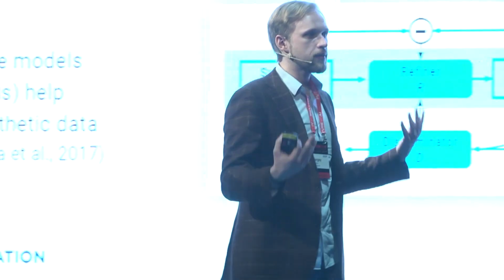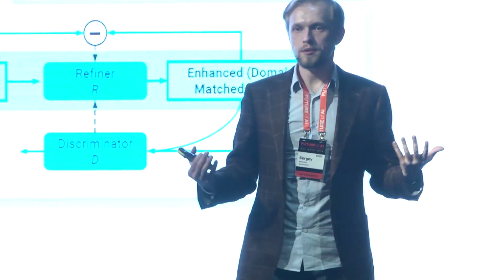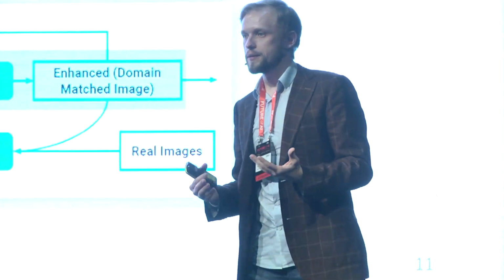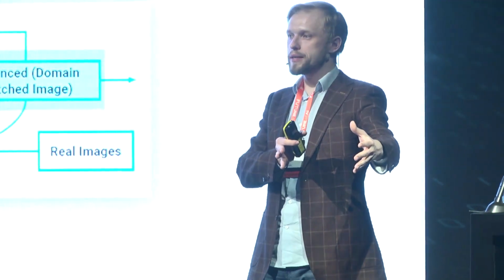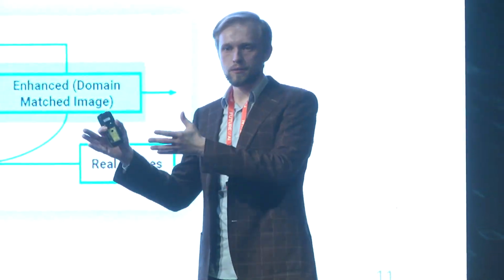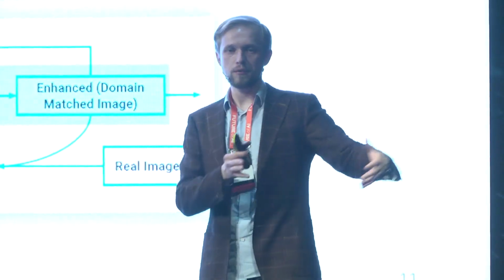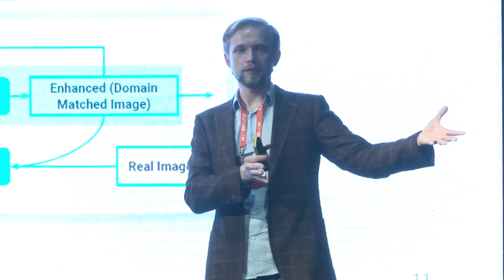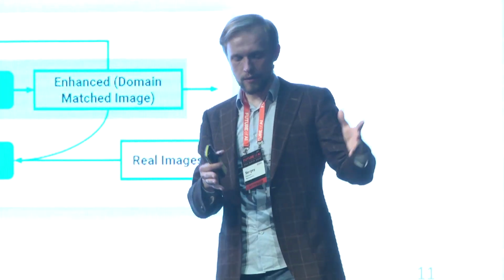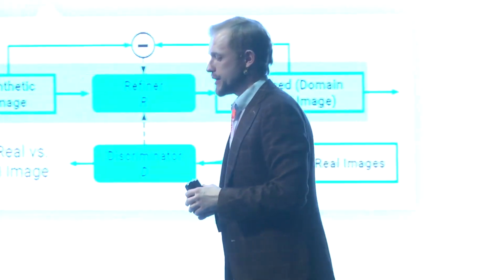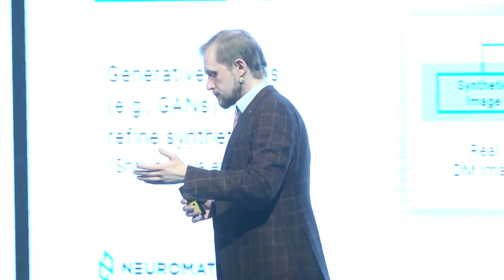So this raises a domain adaptation or a transfer learning problem, right? How do you train a model on one kind of images and then apply it to a different kind of images? How do you train on basically renderings of 3D cartoons and then reapply it to real photographs? And that's basically the topic of our research at Neuromation.